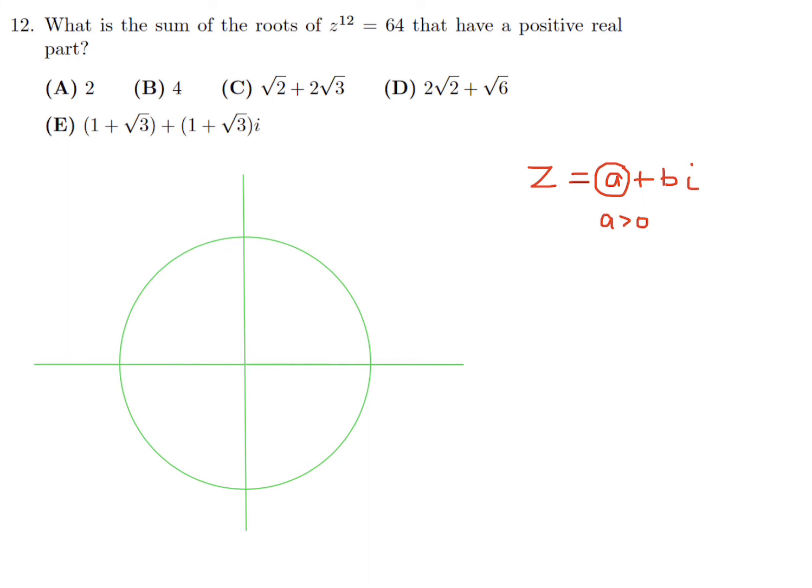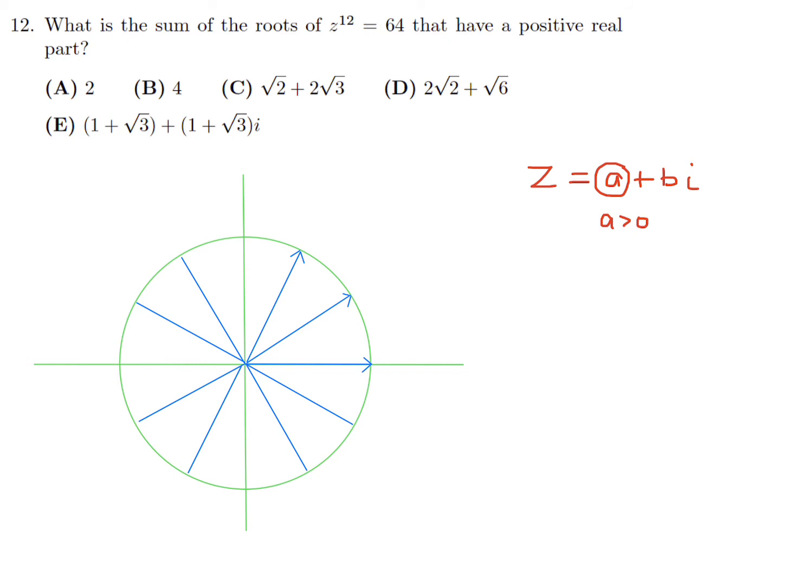So we're going to have, for example, one root that ends up here, one root that ends up here, 30 degrees, right? There's 12, so they're going to be equally spaced around the circle, and so on, all the way around. So 1, 2, 3, 4, 5, 6, 7, 8, 9, 10, 11, 12.